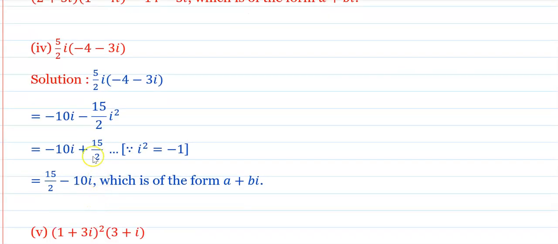Now the next example, 5 by 2 i into in bracket minus 4 minus 3i. Now their multiplication. 5 by 2 i into minus 4, here is a minus 10i.